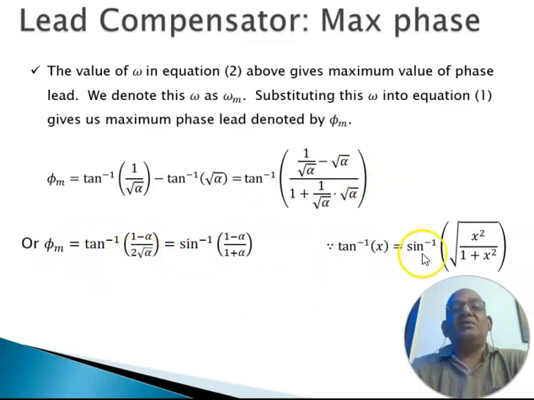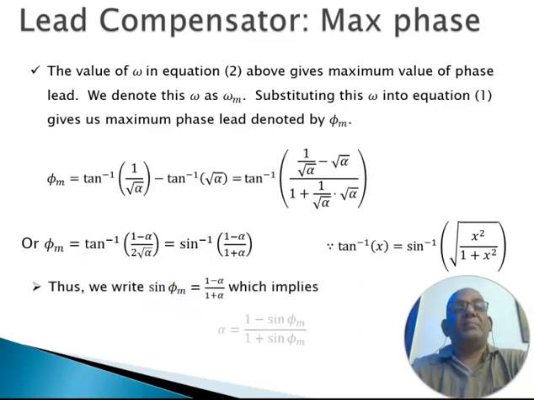If you use this trigonometric identity, you get it into a convenient form: phi m is sine inverse of 1 minus alpha over 1 plus alpha. You need to remember this equation. That is, choosing an alpha, we can achieve the maximum lead that you can add to the system.